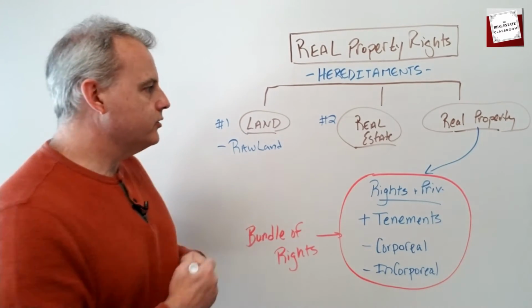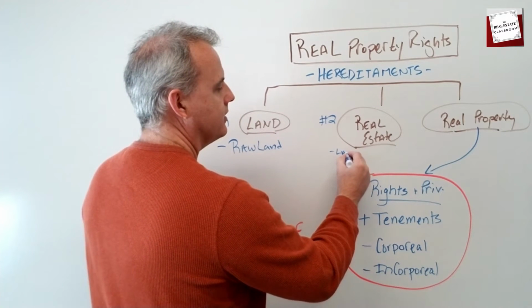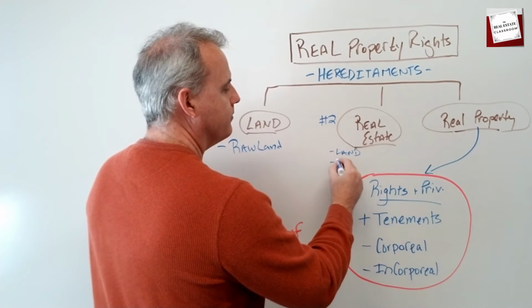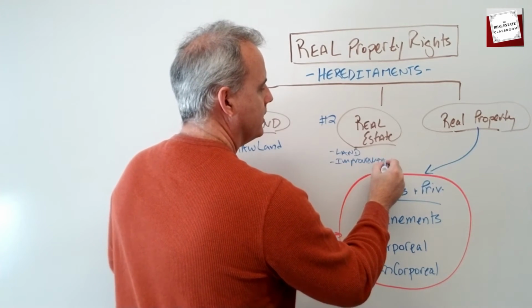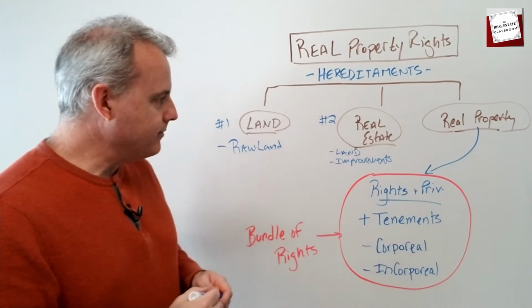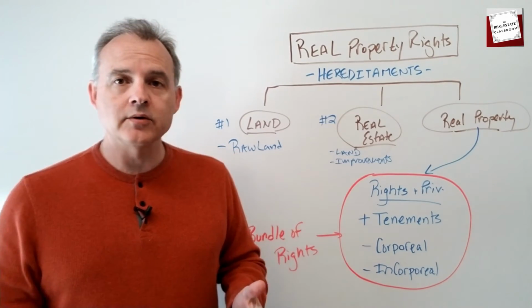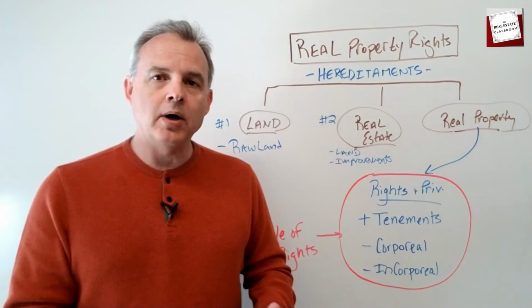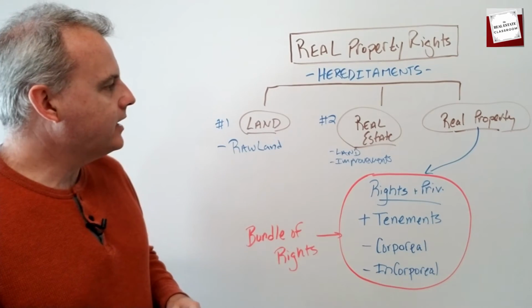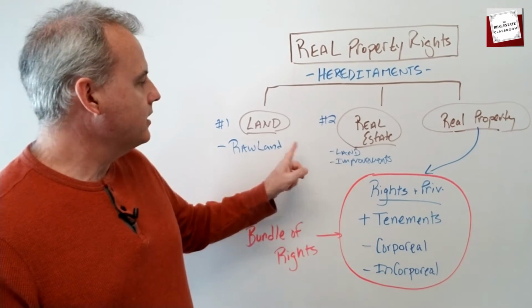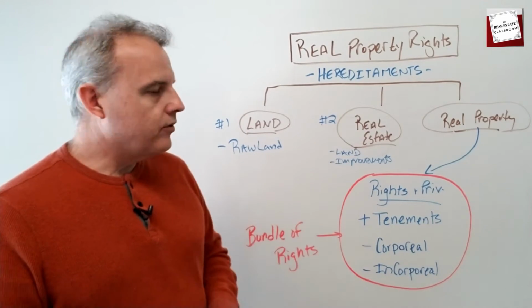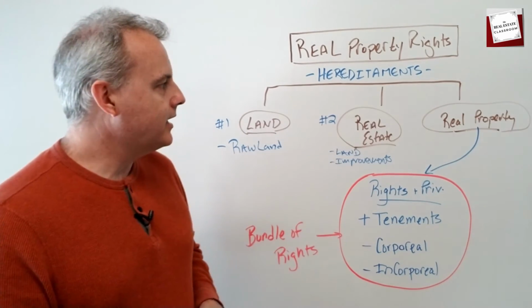And real estate includes the land and the improvements, which will include anything that's been built upon it. For example, a house, a garage, a barn, a parking lot, anything like that, that's considered an improvement. So real estate is the land and all the improvements that are on that land.